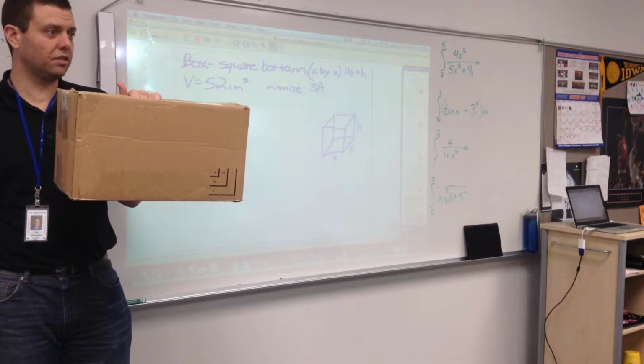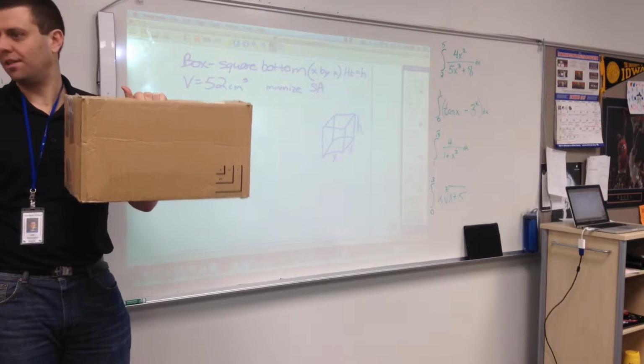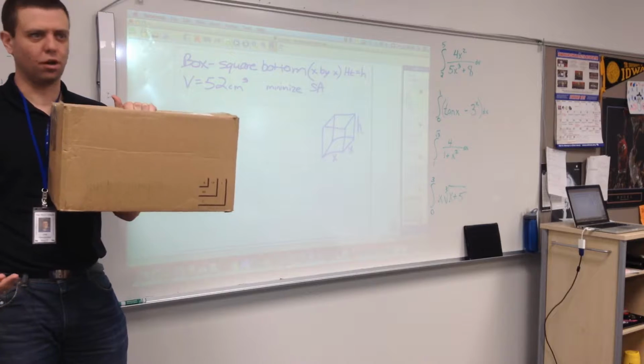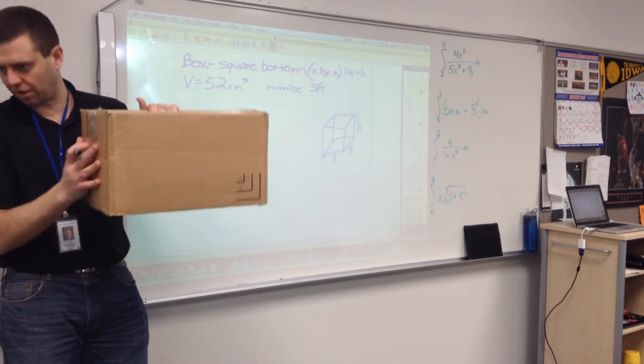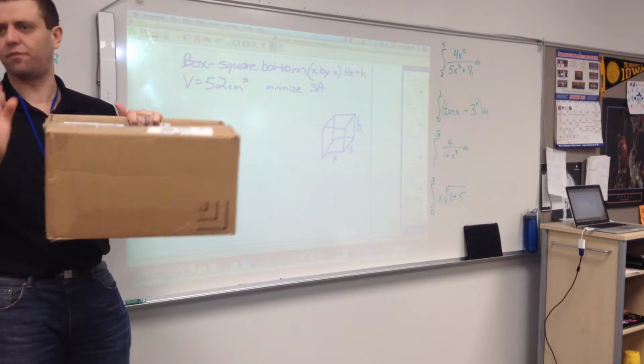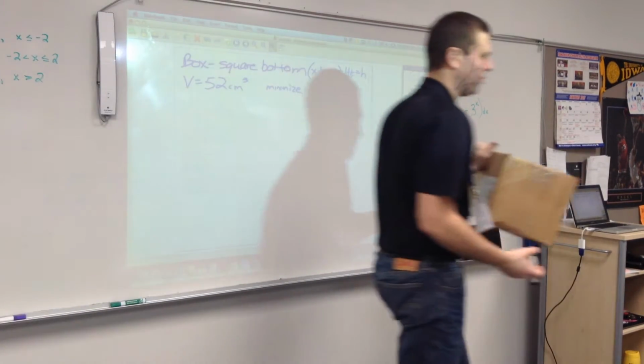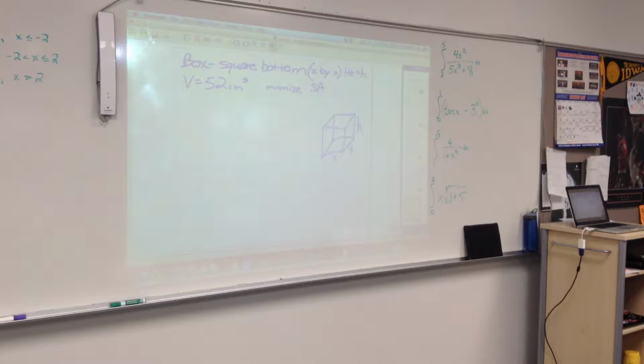How do you find surface area? Add the areas of all 6 surfaces together. There's really no formula. Find the area of the bottom, add it to the area of the top, add it to the area of the left, add it to the area of the right, add it to the area of the front. I mean, there probably is a formula for it, but I can't memorize a million formulas, but I know how to figure out areas of rectangles, so why don't I just find areas of rectangles and add areas together? That seems simple. I don't have to memorize anything.